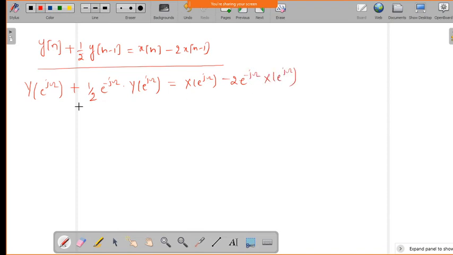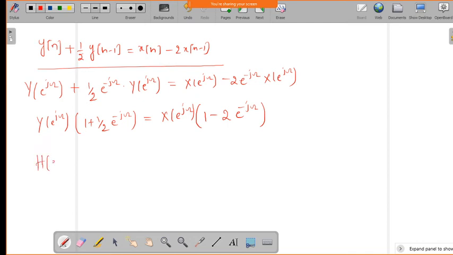Okay, so now we can take Y of e power j omega common. We will get 1 plus half into e power minus j omega, and here if you take X of e power j omega common, we will get 1 minus 2 into e power minus j omega.